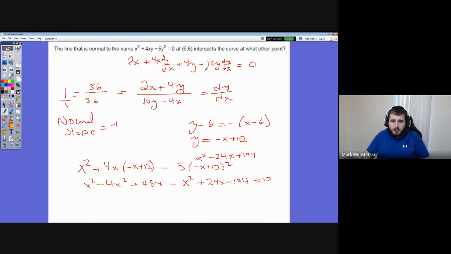Because it equals 0 up here, equals 0 up here. Combine all your like terms. -4x squared plus 60x minus 144. And I can divide everything by -4 to make it easier.